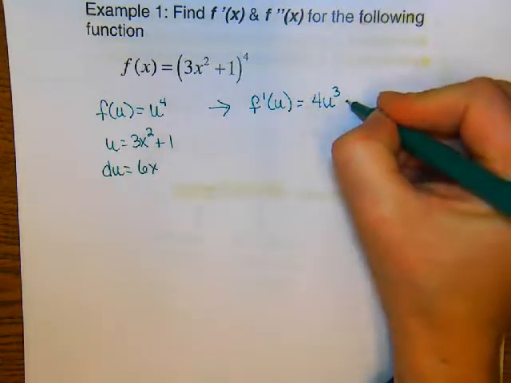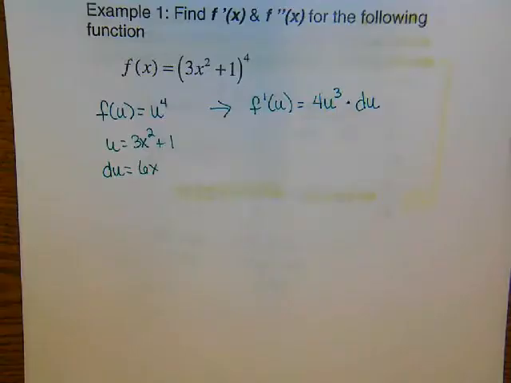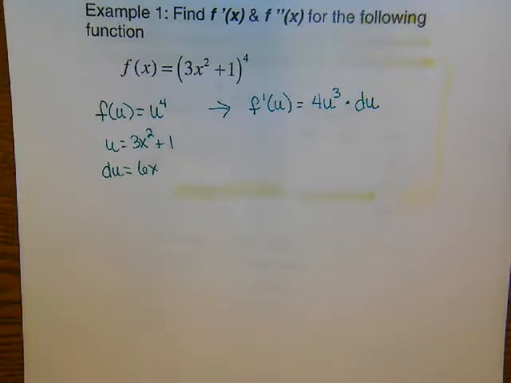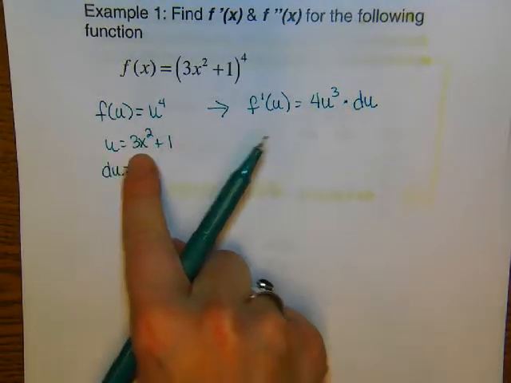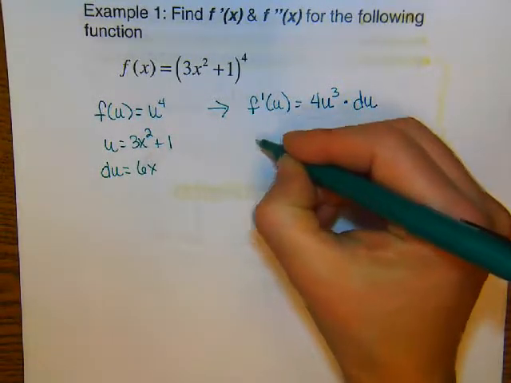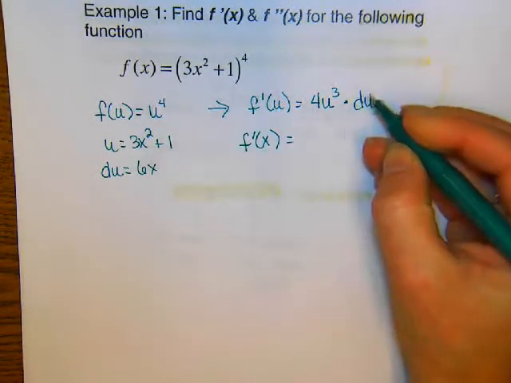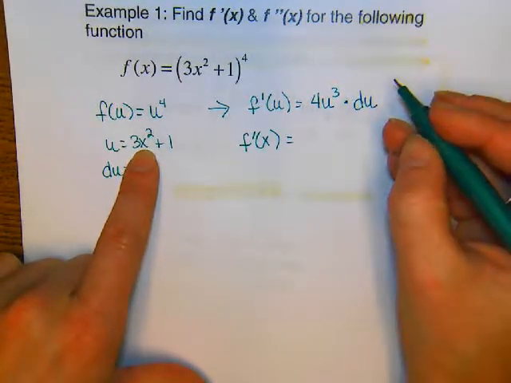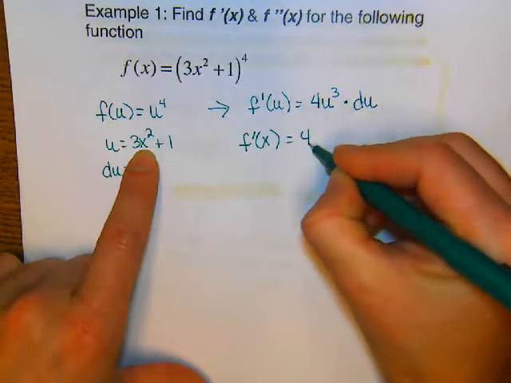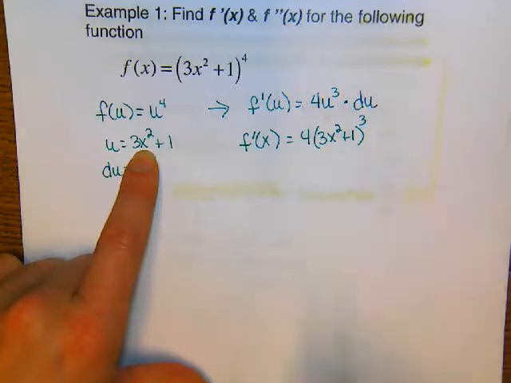But then I have to multiply times the derivative of the inside with respect to x. Okay, let's sub it in. How would I write that with these values instead? Four parentheses 3x squared plus 1 to the third.